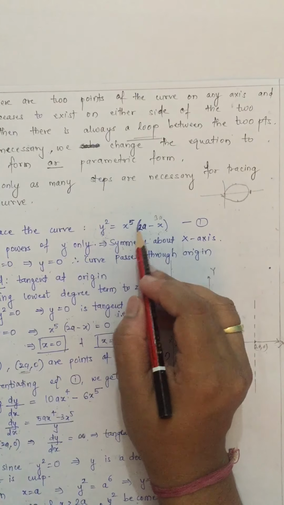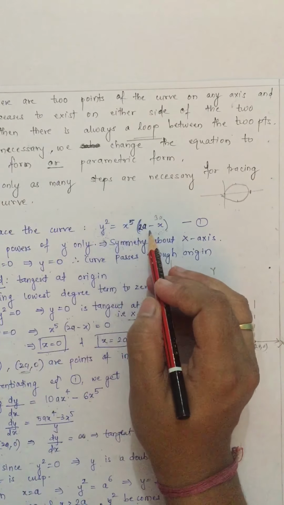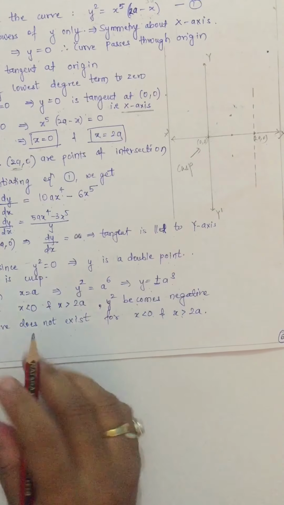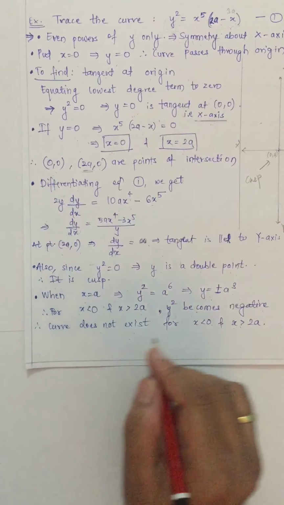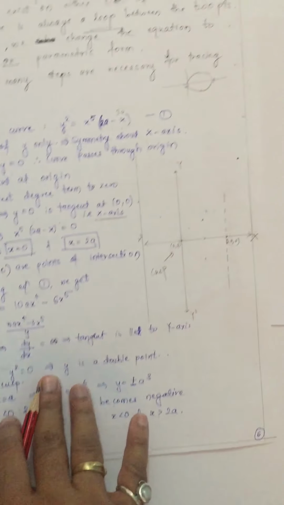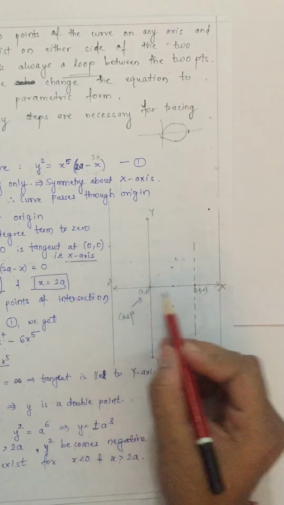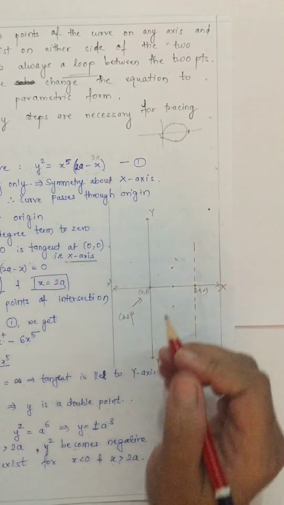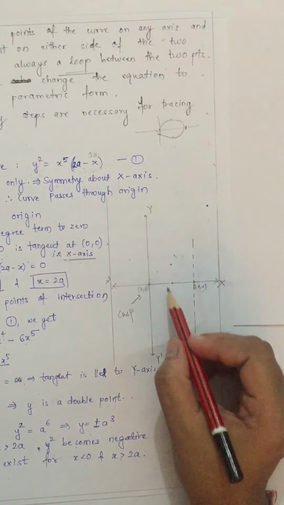So for both x less than 0 and x greater than 2a, y square becomes negative. That means the curve does not exist for x less than 0 and x greater than 2a. So obviously the curve will lie between the origin and the point 2a. It will not go beyond this or into the negative axis.